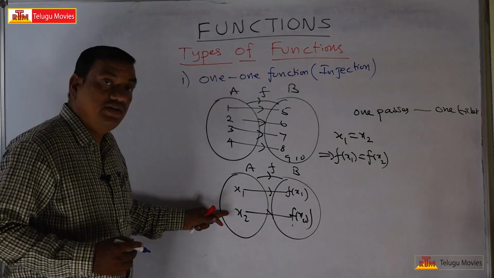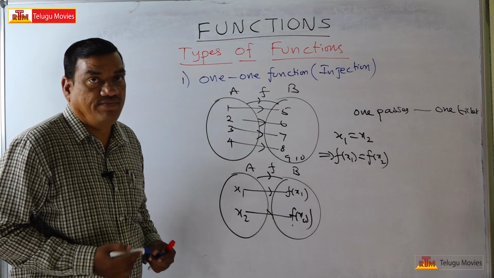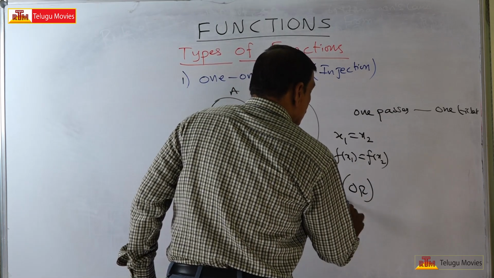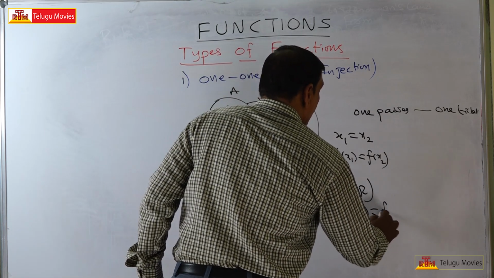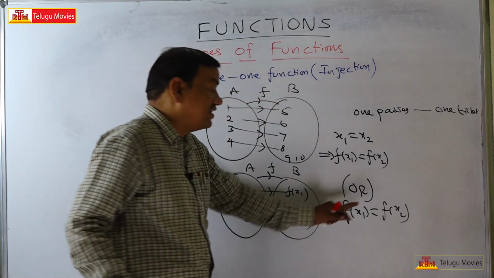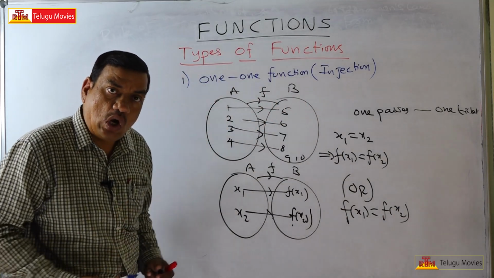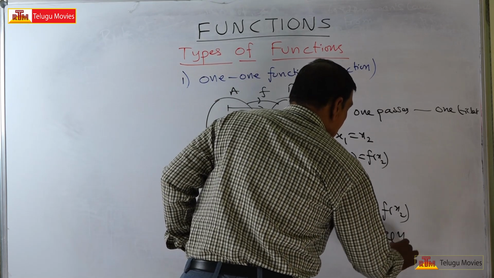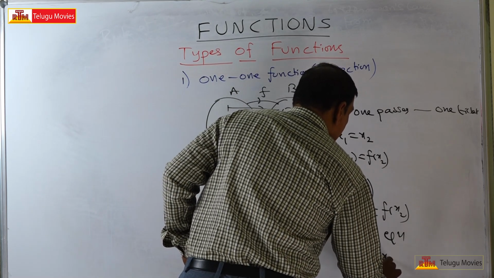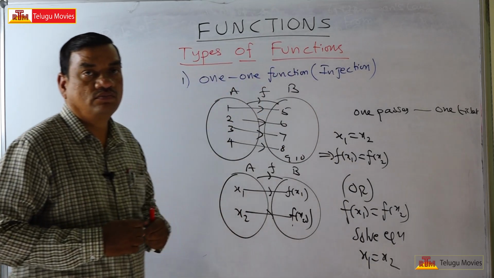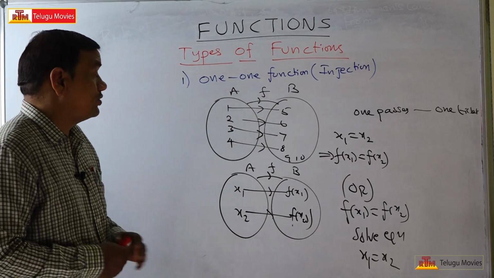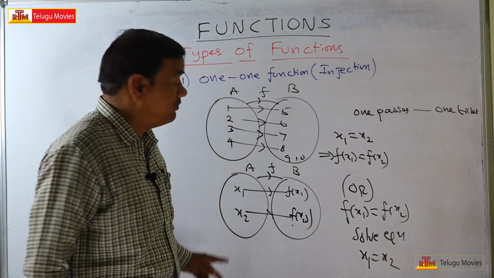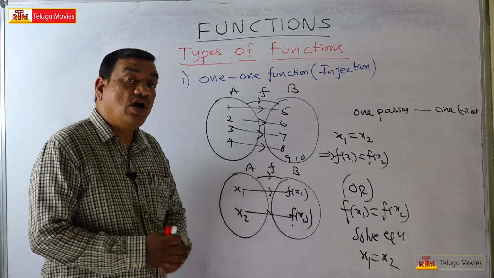So two elements different, two images also different. Otherwise you can prove it like this also. Take f of x1 is equal to f of x2 and solve that equation, whatever the equation may be. If you get x1 is equal to x2, then that function is clearly a one-one function, and no two elements will have the same image.